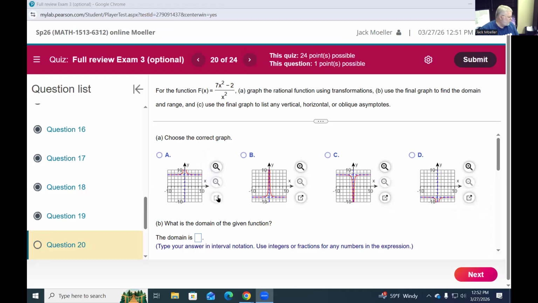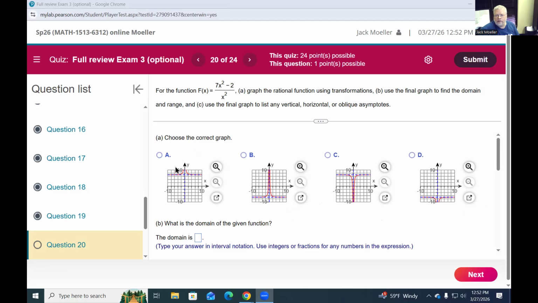So when it's matching, sometimes you don't have to do all the work. Okay. All right. So looking at the choices, first thing I notice is A is up there at y equals 7, B is down there, so it can't be B, because that horizontal asymptote is probably -7, and it's not D, because those have the wrong horizontal asymptotes. Okay.